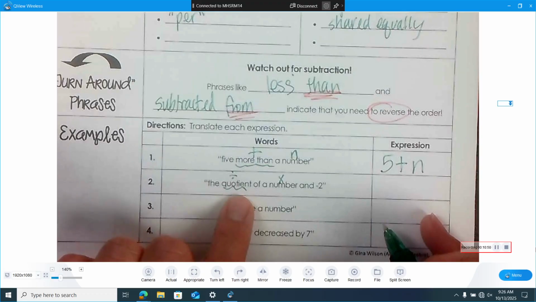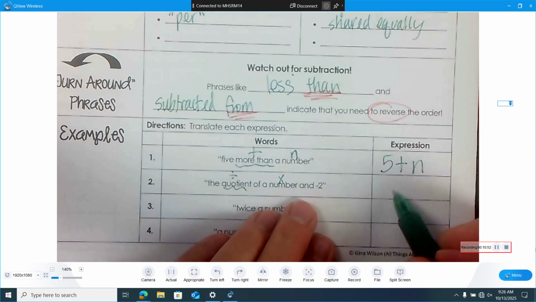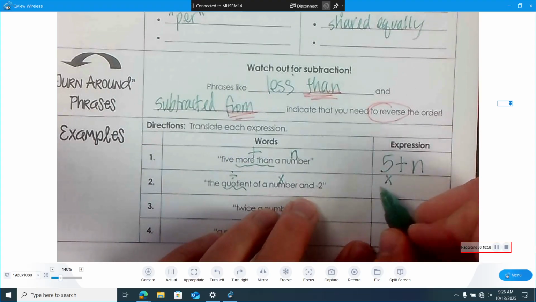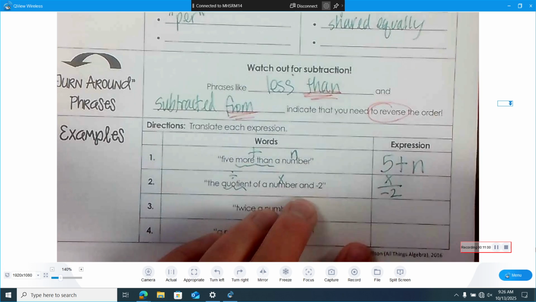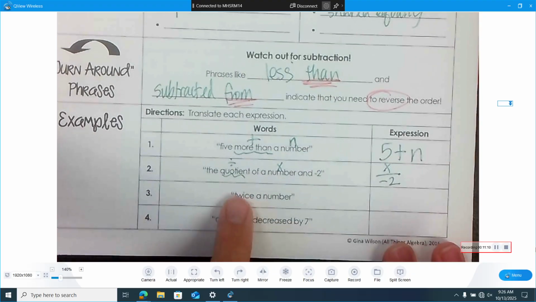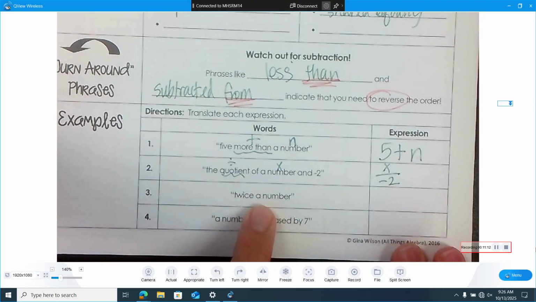So the quotient of a number and -2. What do you suppose I should write down? Yeah, and I'm going to write it x divided by -2. I'm going to put it in a vertical form there. We don't usually use the division symbol, so we use the bar instead. Makes it easier.